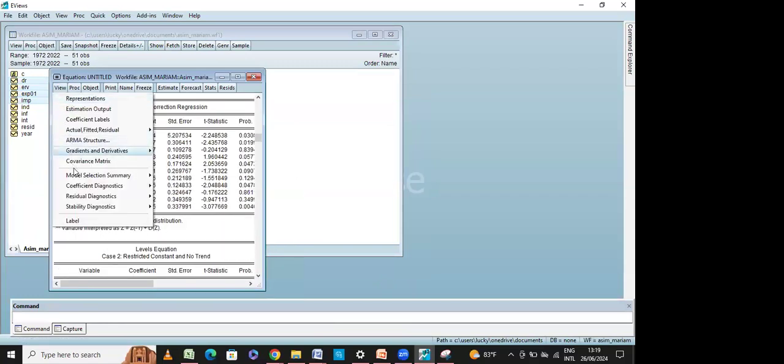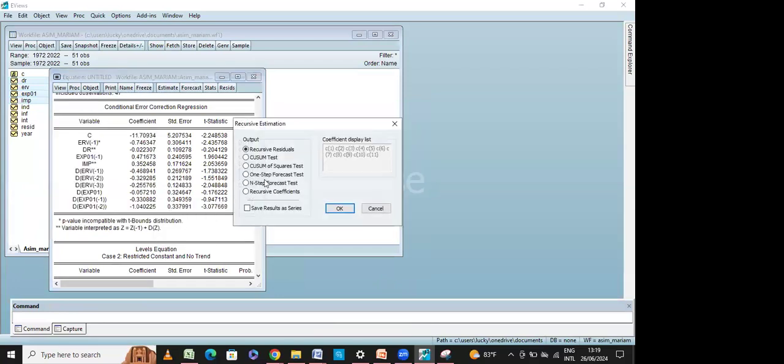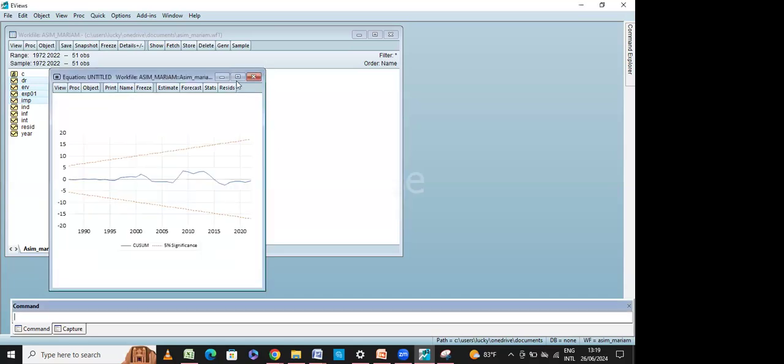Again, go to View, go to Stability Diagnostics. Here I am selecting Recursive Estimates. I click on Recursive Estimates. Here I have two kinds of tests, CUSUM test and CUSUM of squares test. So I am selecting CUSUM test. This is my CUSUM test.